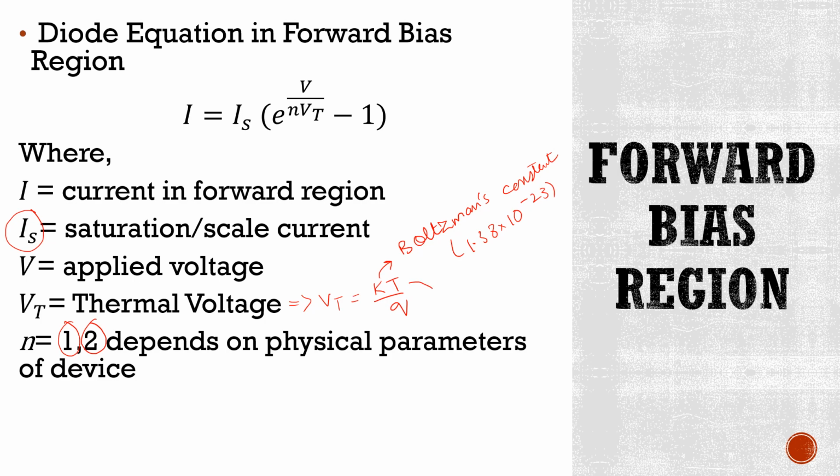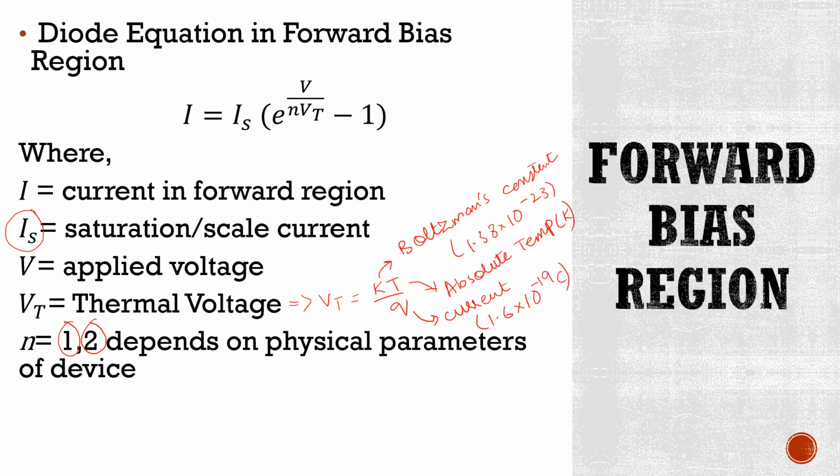Here T is absolute temperature, which is in kelvins. Q is the charge of an electron and its value is 1.6 into 10 raised to the power minus 19 coulombs.